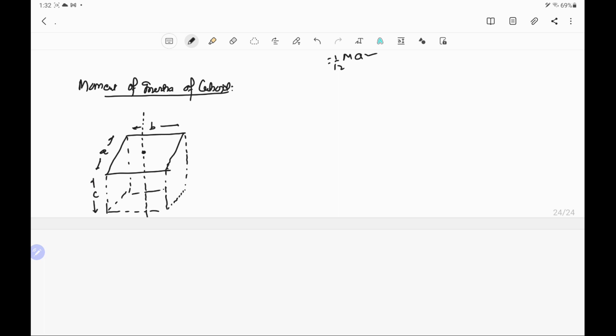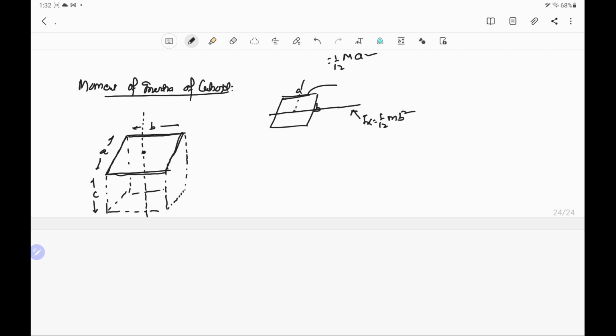So for that we have to find first what is the moment of inertia of this rectangular sheet about the axis perpendicular to the plane of this sheet and passing through the center. So we have earlier found that for a rectangular sheet having the sides A and B, moment of inertia about the axis parallel to A, this was say Ix equal to 1 by 12 m and other side square.